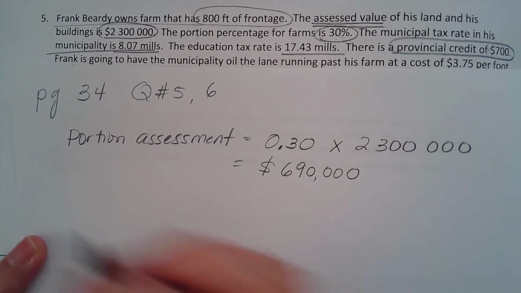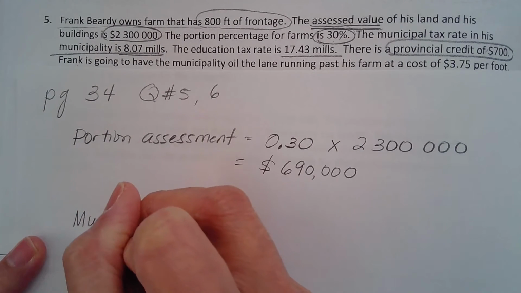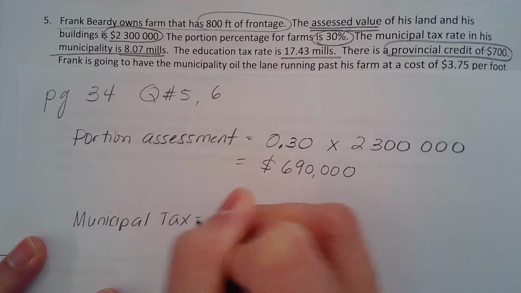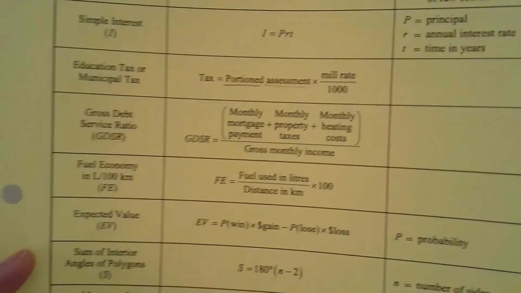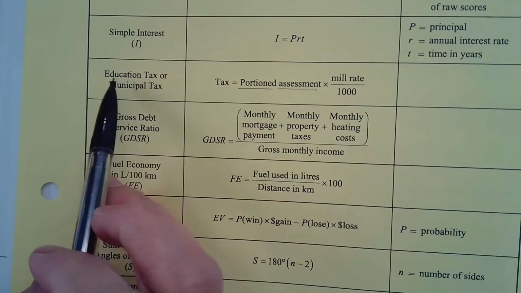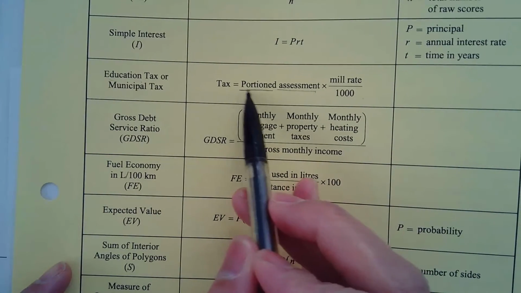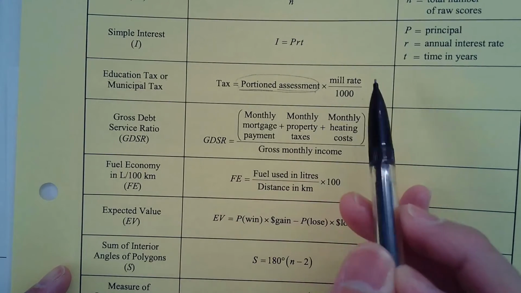Now we're going to do the municipal tax. How do we calculate the municipal tax? It says education or municipal tax, and this is how we're going to do that. We take the portion assessment times the mill rate divided by 1,000.